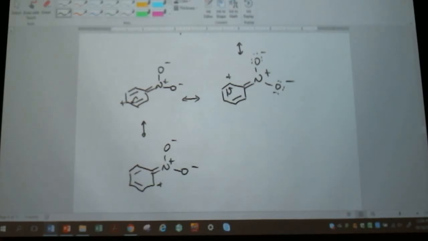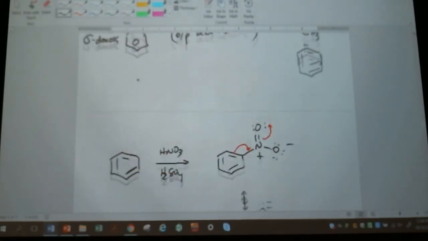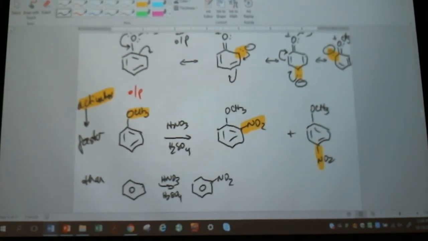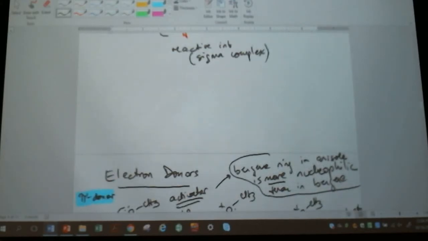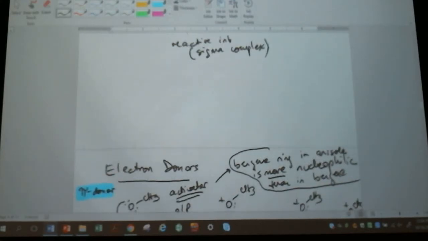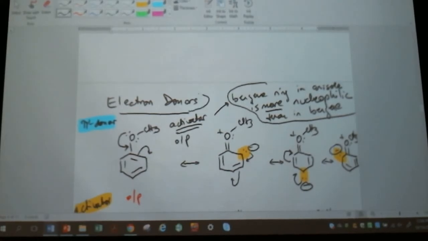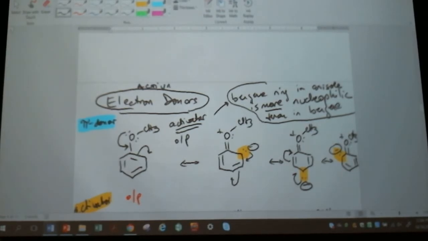Now, remember, in this reaction we need the benzene ring to be a nucleophile. So, when I'm giving electrons to my ring, your electron donating groups, whether through the pi or the sigma system, are activators of the ring because they're making the ring more nucleophilic.